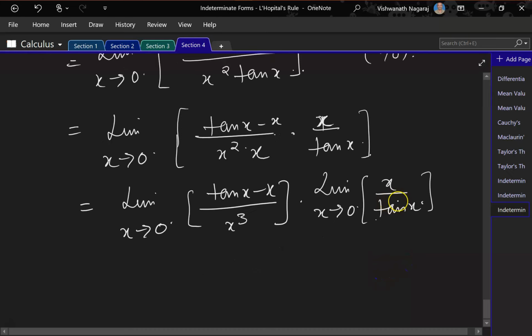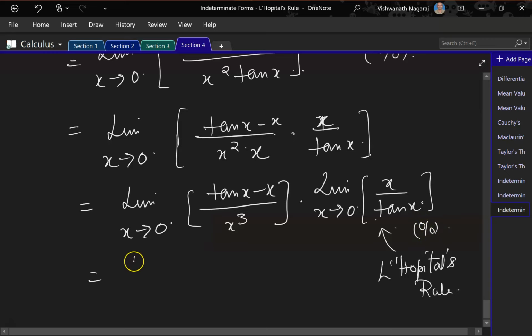If you remember that limit x goes to 0 of x by tan x goes to 1, fine. Otherwise, again you apply L'Hopital's rule and solve it. You will realize that this is 1, so we can ignore it. Remember, this would be 0 by 0 form.